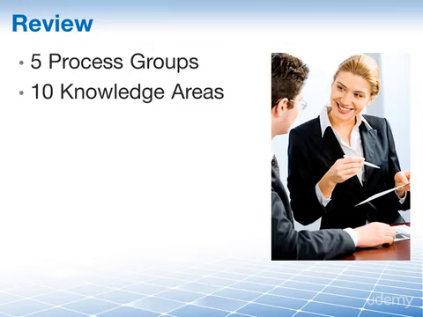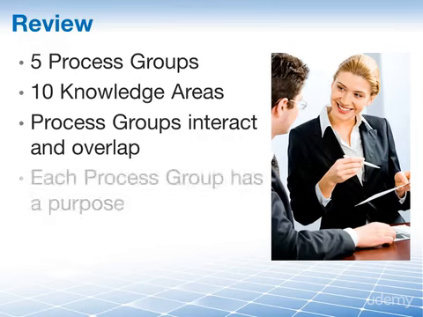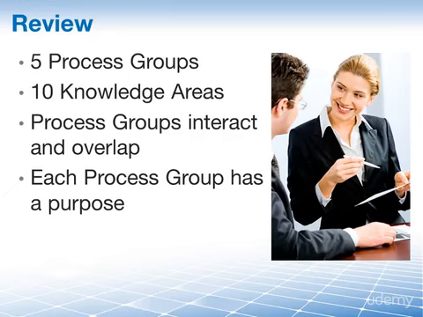And each of these 10 has its own separate module as lessons here on the Project Management PrepCast. The process groups interact and overlap, and each of them works together to contribute to your project's success. And each process group has a purpose, and the PMBOK Guide covers each one for a reason.